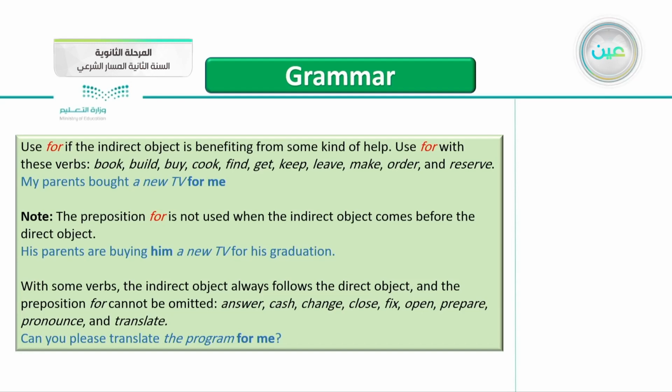So with these verbs, we cannot omit "for", and the indirect object always follows the direct object. Can you please translate the program for me? So the indirect object is following the direct object, the program and for me, and we cannot omit "for" here.